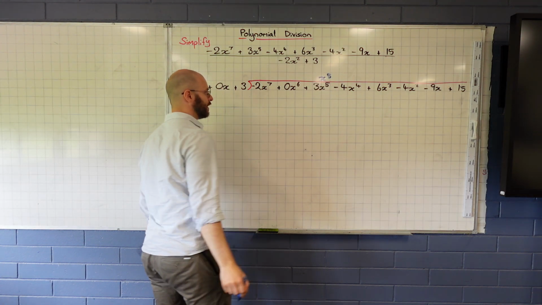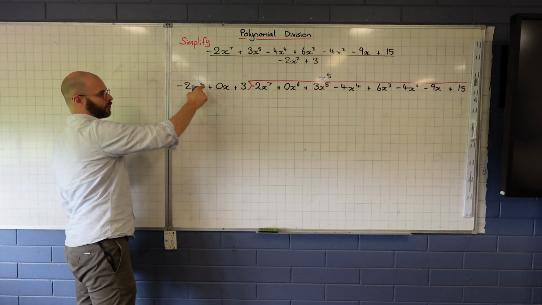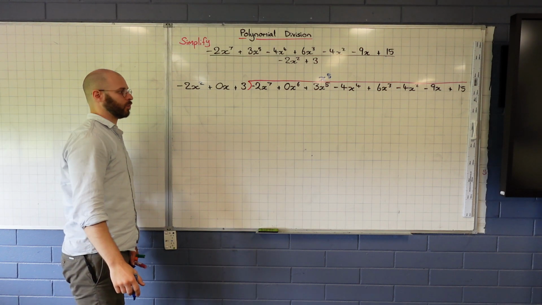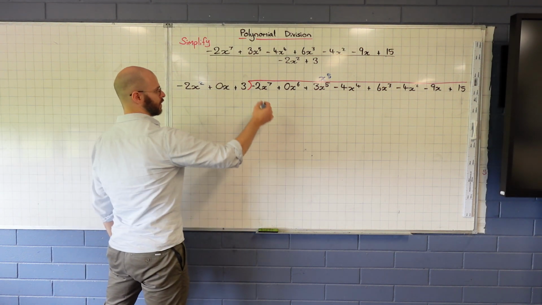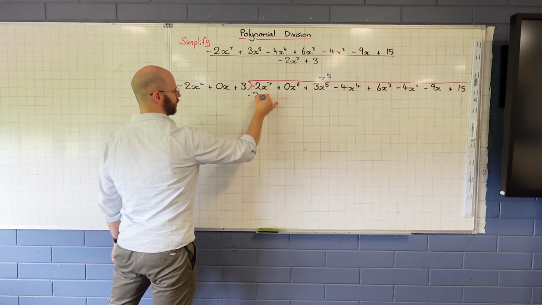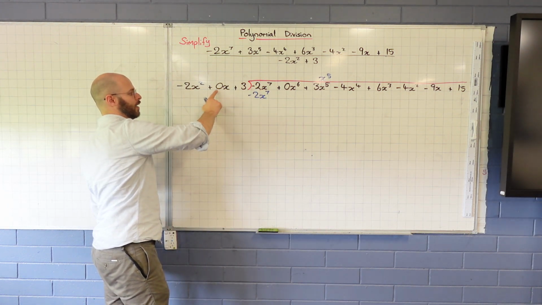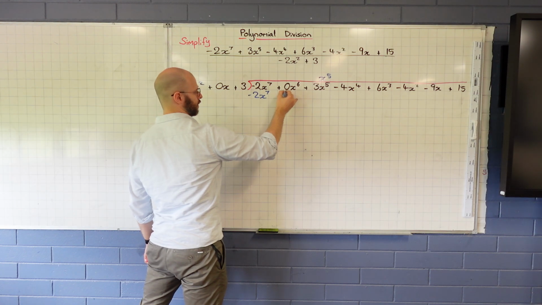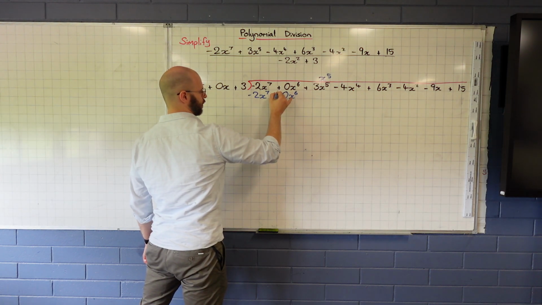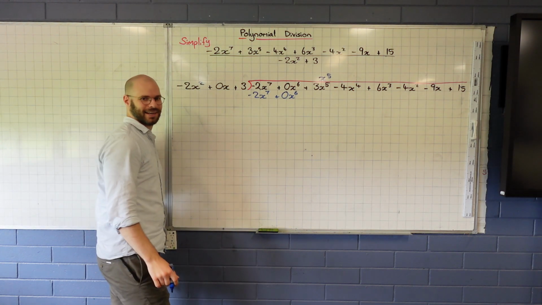Now Rowan, because you're giggling, minus 2x squared times x to the power of 5 gives us what? Minus 2x to the power of 7. Is that what we wanted? Yeah. Okay, x to the 5 times 0x is 0x to the 6. Yep.